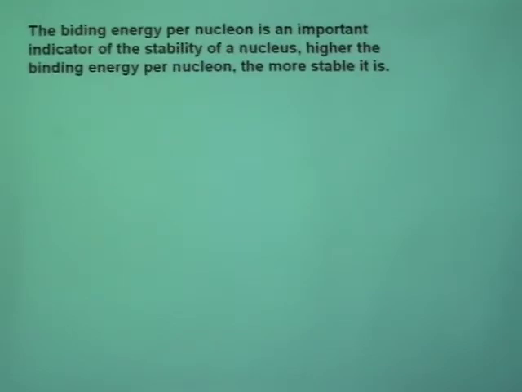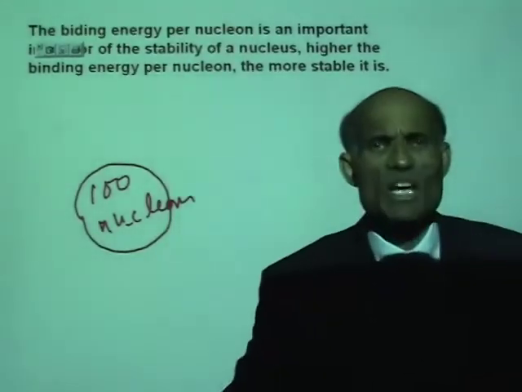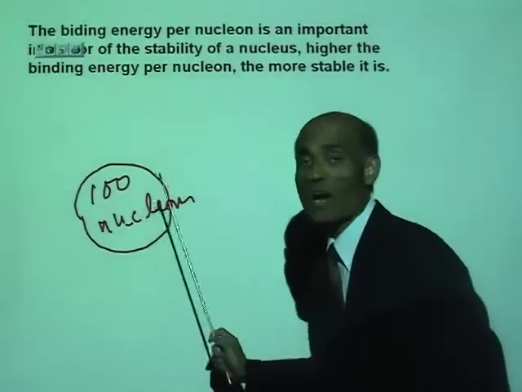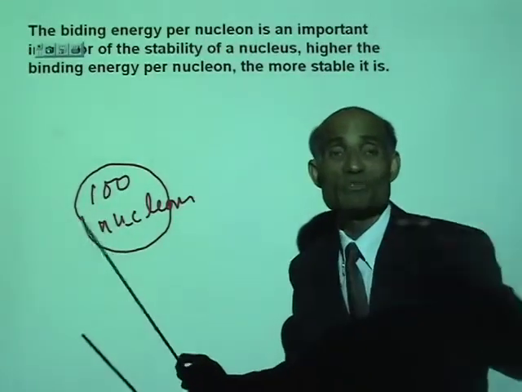Suppose you have a nucleus here. This is the nucleus that contains 100 nucleons. Now, do you remember what nucleons are? Nucleons are the total number of protons and neutrons.